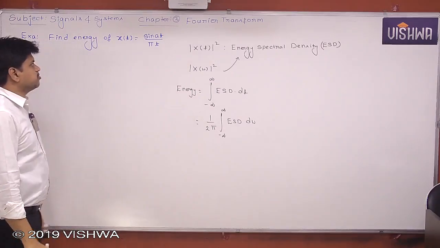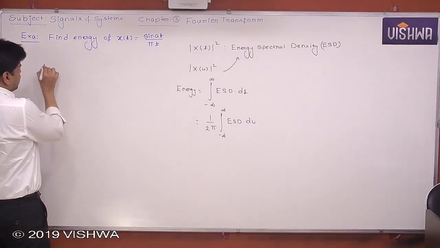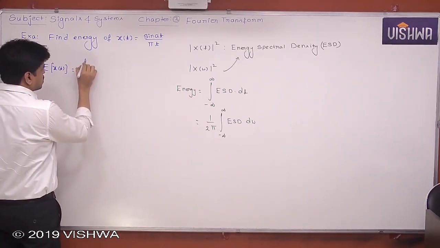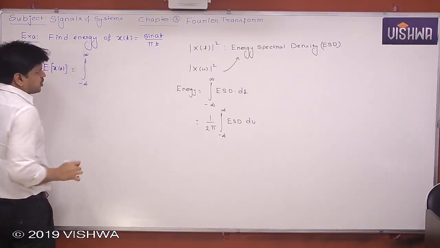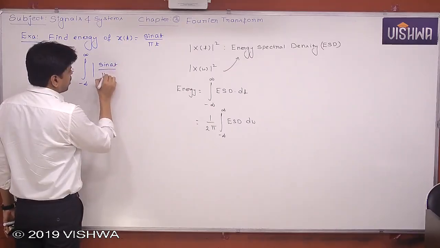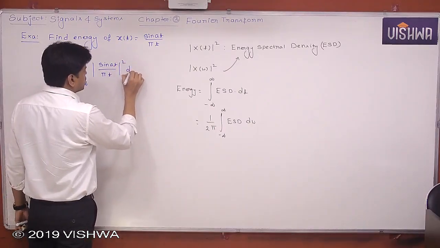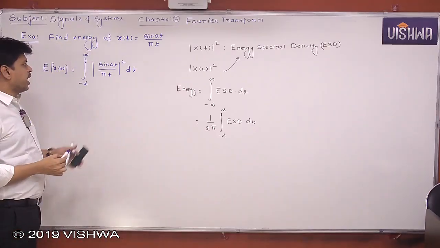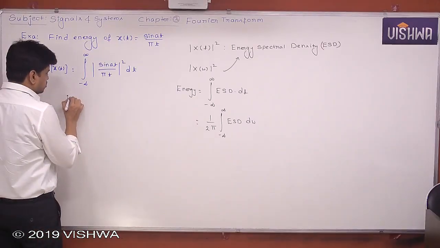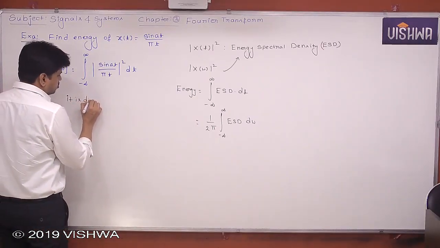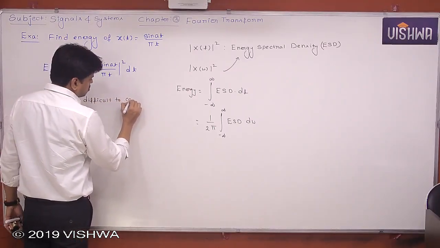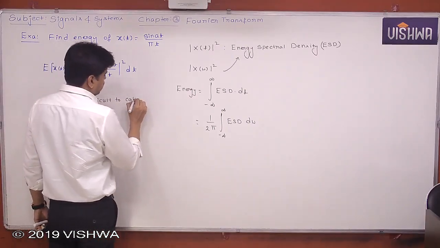If I try to calculate energy directly using x of t, that is nothing but integral minus infinity to infinity mod sin at by pi t whole square dt. To calculate this integral is difficult.